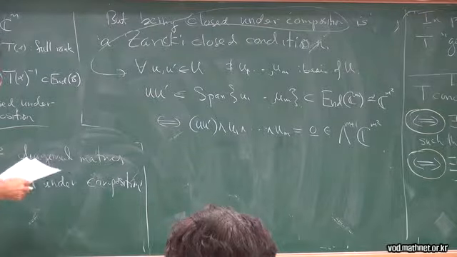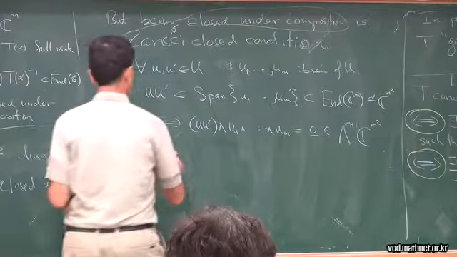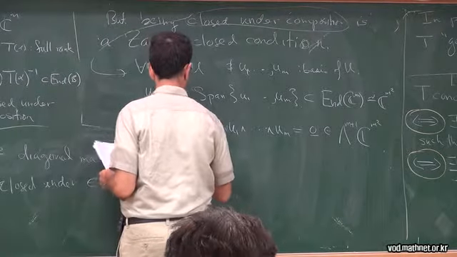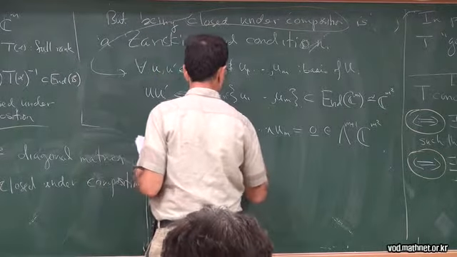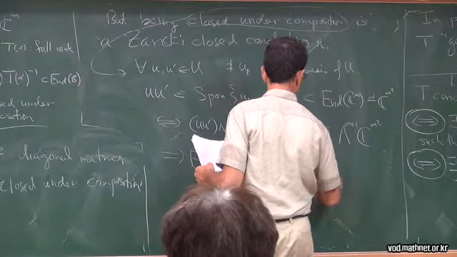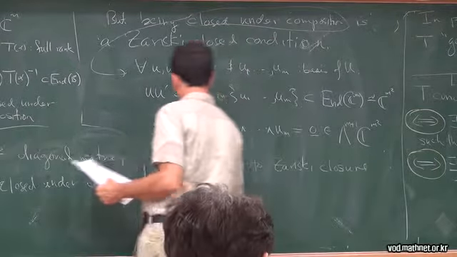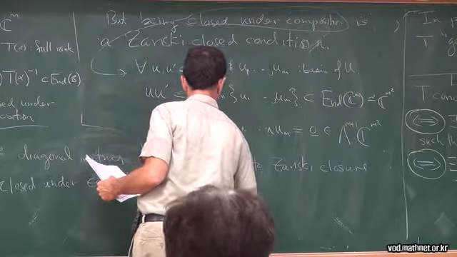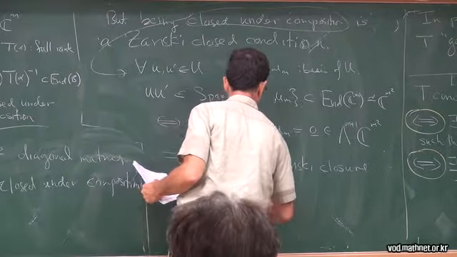So therefore, this property extends to the Zariski closure of the set of diagonalizable matrices.